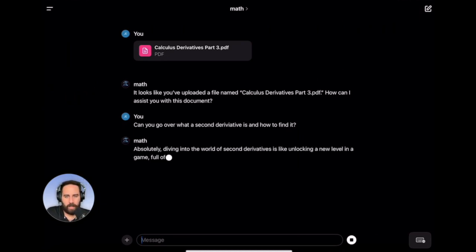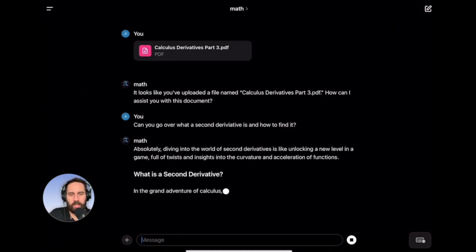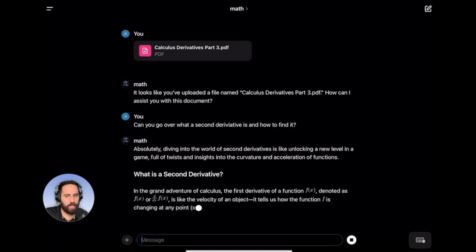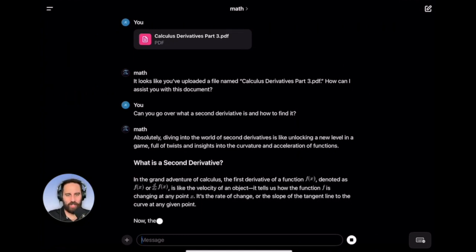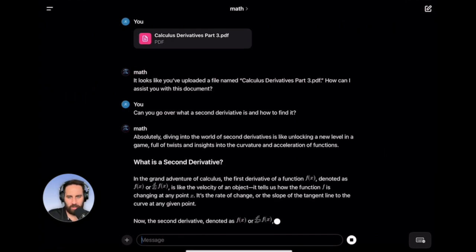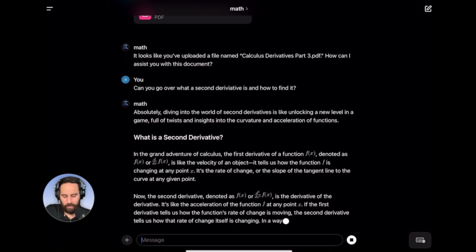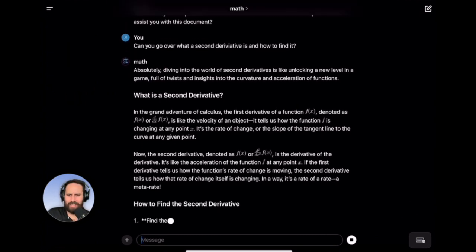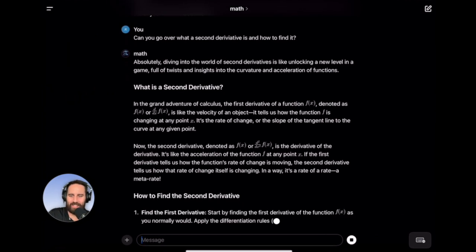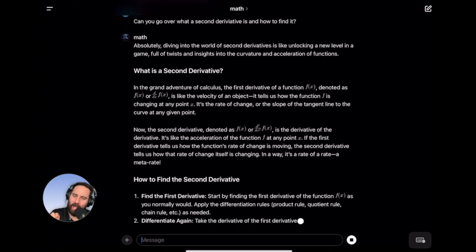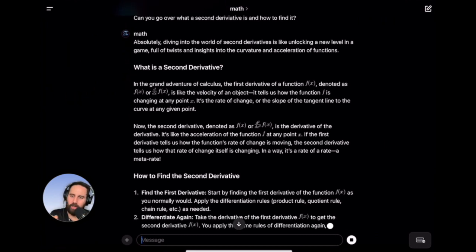Okay. So absolutely, diving into the world of the second derivative is like unlocking a new level in a game, full of twists and insights into the curvature and acceleration of functions. What is the second derivative? In the grand adventure of calculus, I like how it is very storyish, and not so much, hey, math, we're going to shove formulas down your throat.